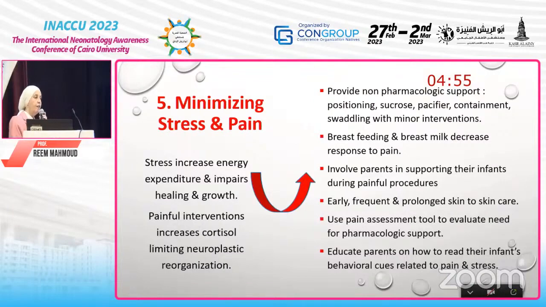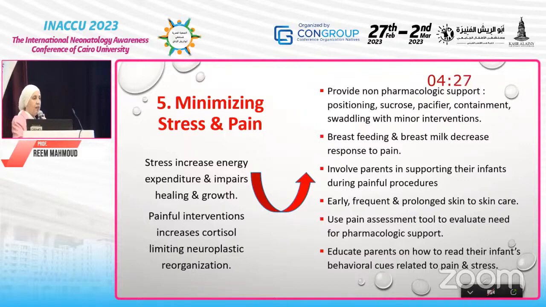The fifth core measure is to try to minimize stress and pain. Stress increases energy expenditure and hence impairs the growth of the baby. Painful interventions increase the cortisol and limit the neuroplasticity. How can we do this? We provide non-pharmacological support. The most important of them are skin-to-skin care, positioning, sucrose in a pacifier, containment, and swaddling.